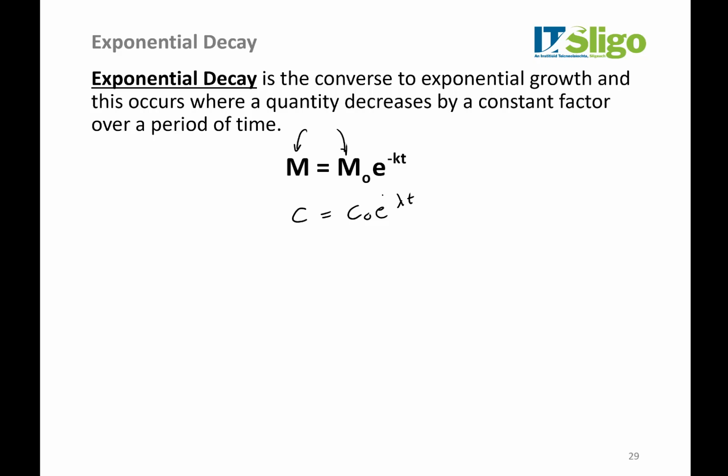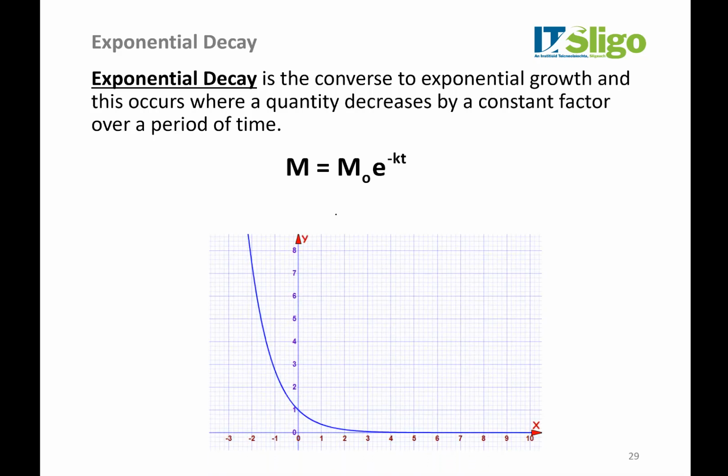The main thing, guys, that you're looking for is, is it a minus or is it a plus? In this case it should be a decay. So the formulas will appear in loads of different ways, but what you're really looking for is that. All the other letters will change depending on the system you're examining. Typical curve.